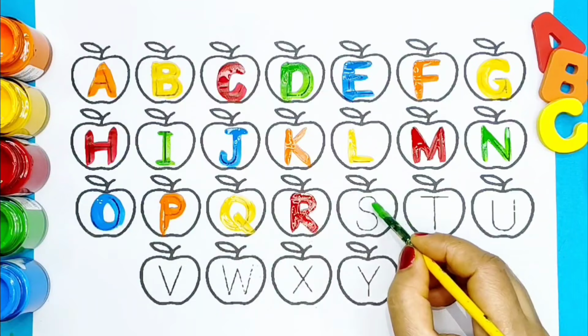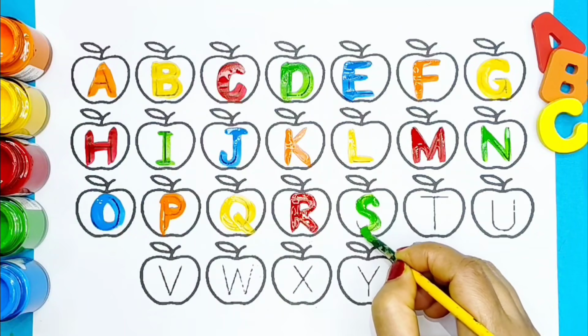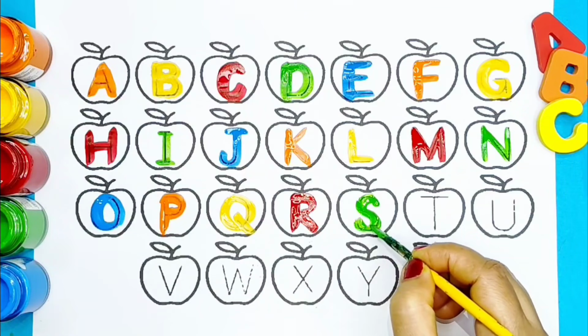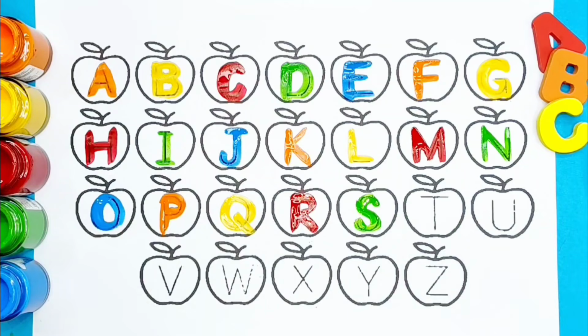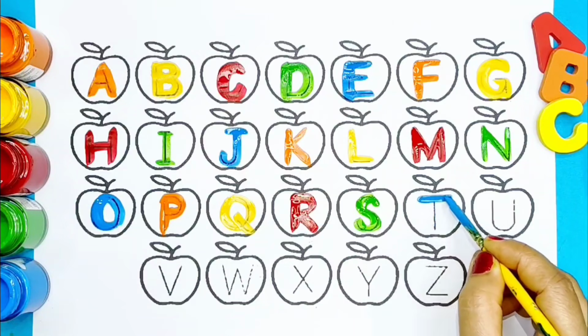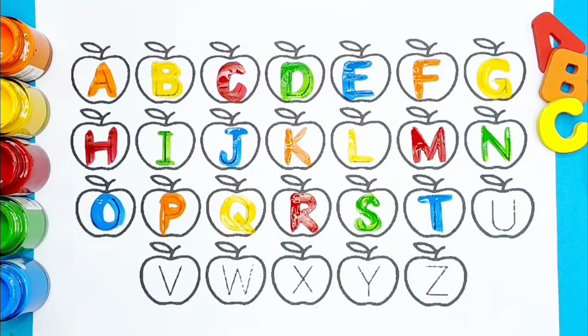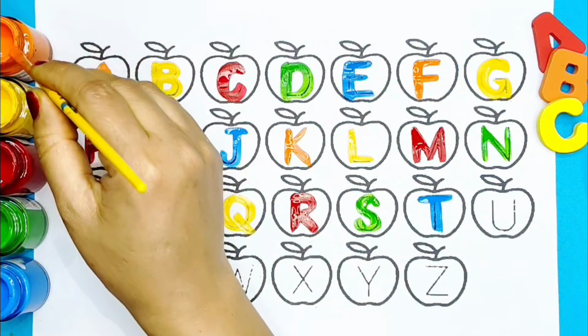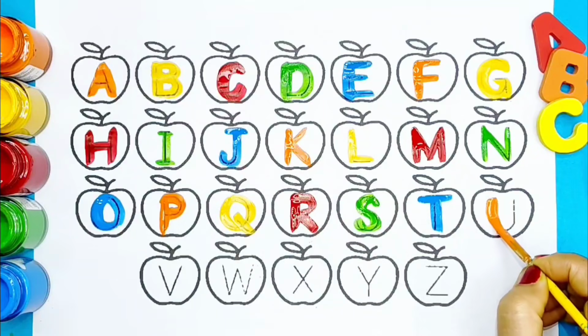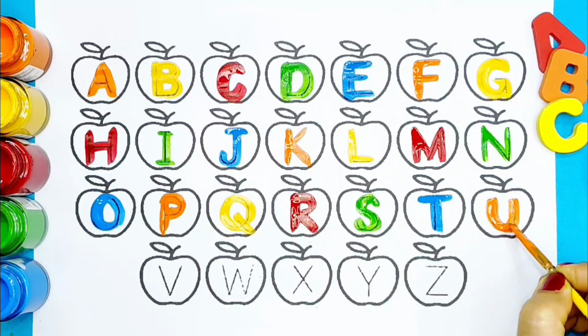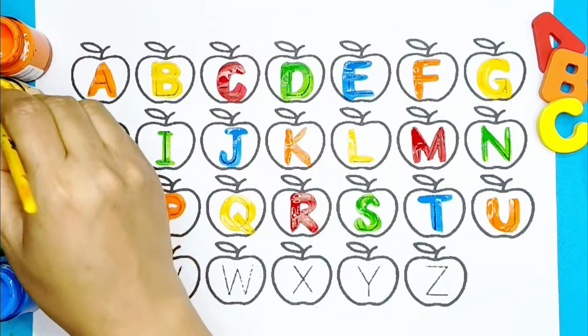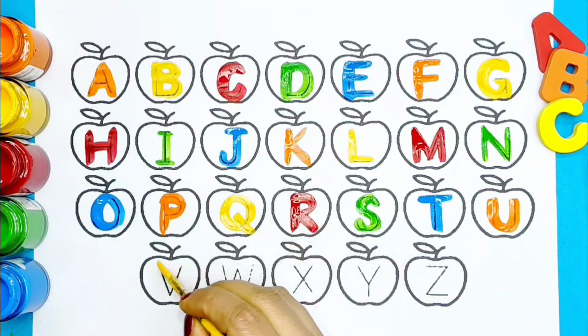Light green color. S for sun. Sky blue color. T for tiger. Orange color. U for umbrella. Yellow color.